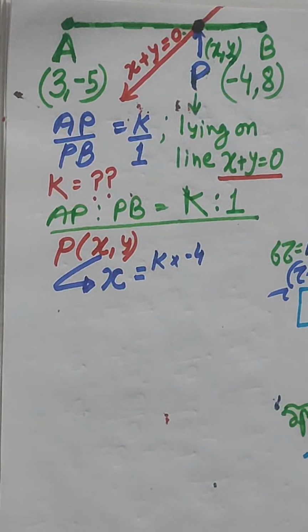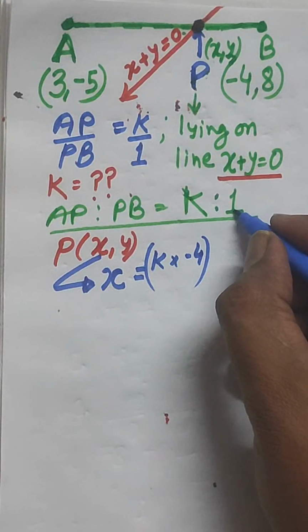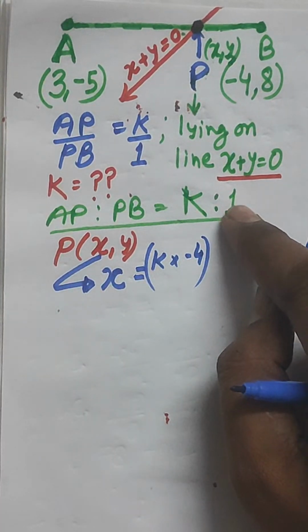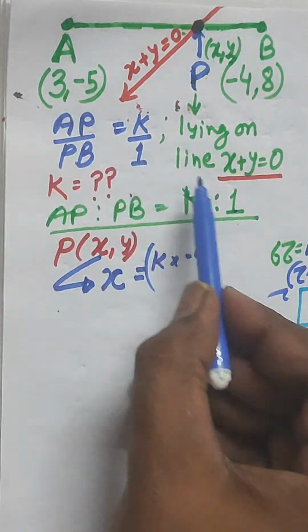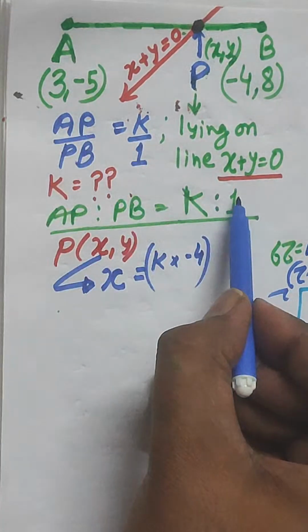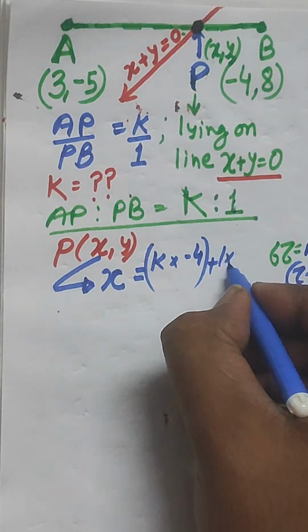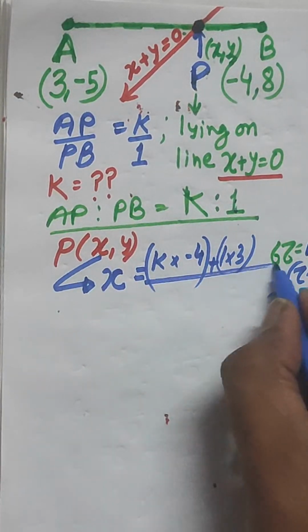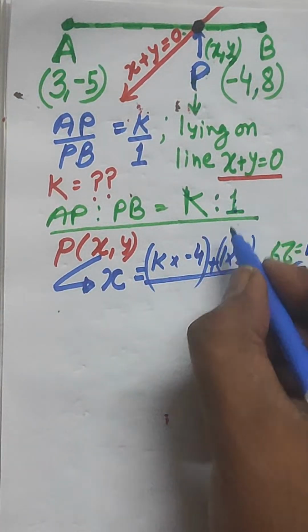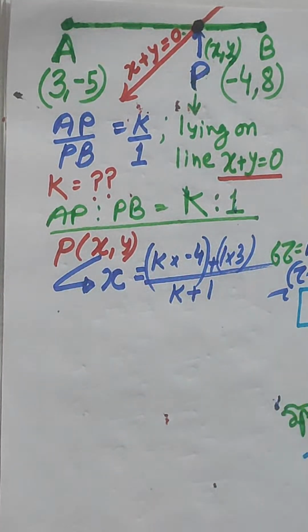Got it? K multiplied with minus 4. And this 1 is the second ratio, and this will be multiplied with the abscissa of the first point. First point is A. So 1 into 3, right? So plus 1 into 3, right? By, just add k plus 1. K plus 1 will be coming into the denominator, right?